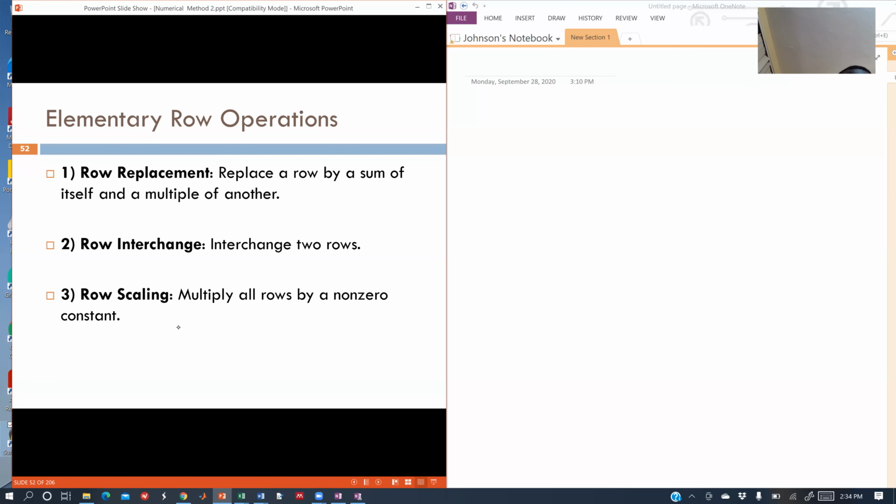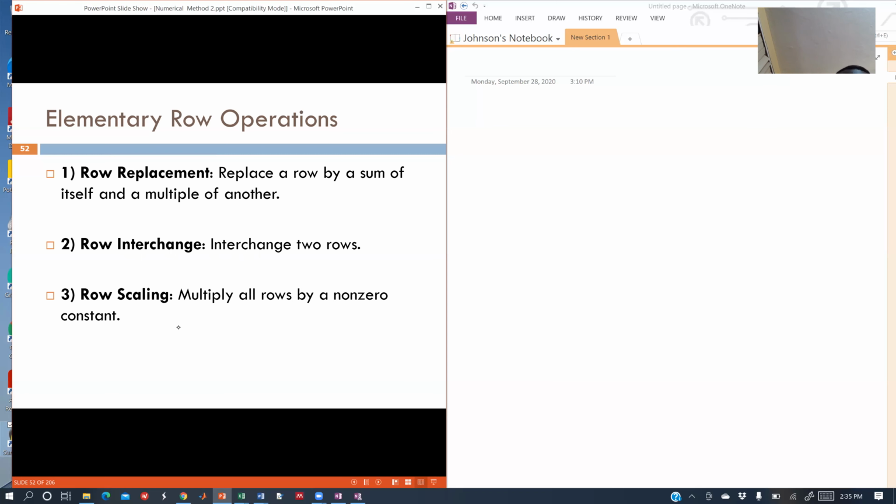I'm very sure you remember that under linear algebra, it is when you have a fraction as your pivot that you were multiplying through by a certain constant to make the pivot a whole number so that you proceed. So under linear algebra, we were doing row scaling, but in numerical methods, we will not do scaling.